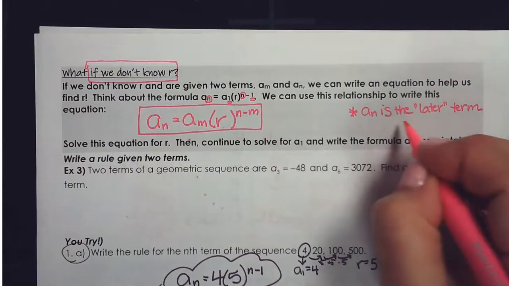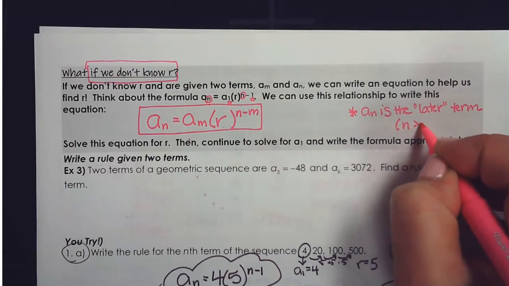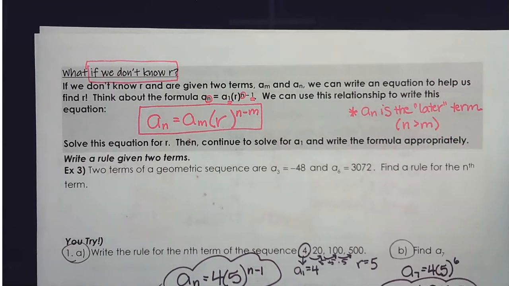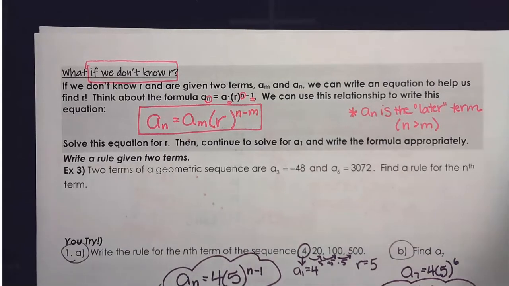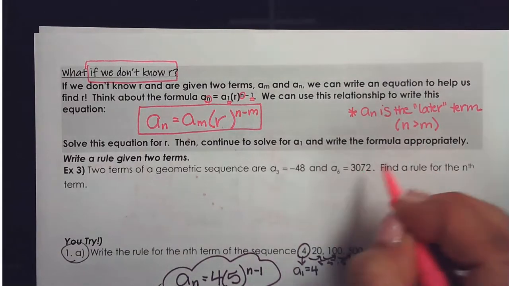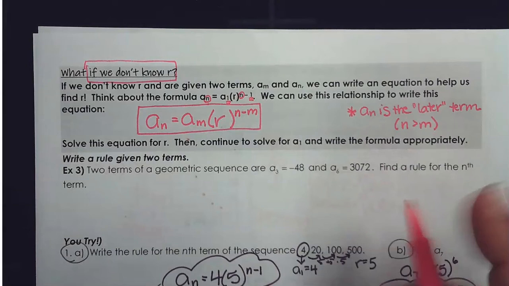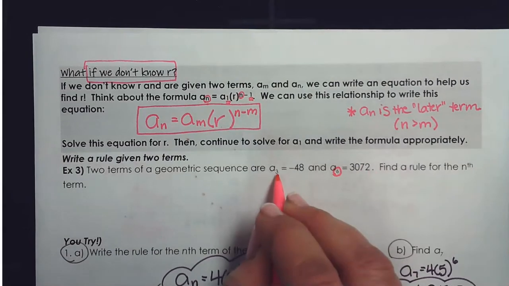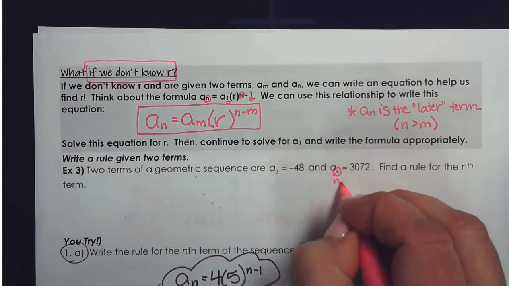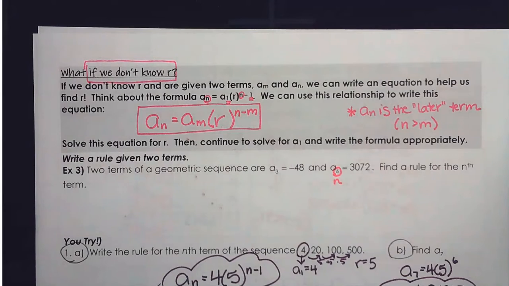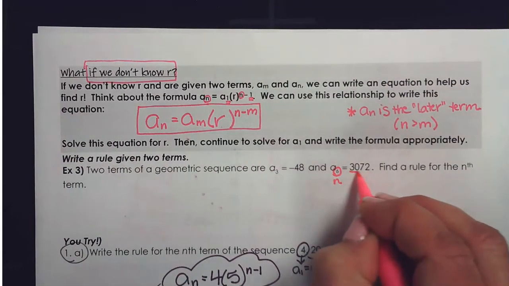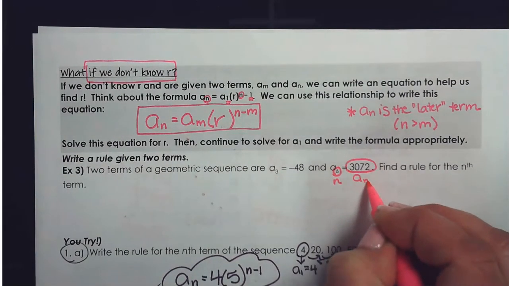So basically that means that your n, make sure that your n is bigger than your m. That'll help. Okay. So in this case, do you guys see that this 6 is bigger than the 3? So that means that we're going to use this as our n. And then we're going to use this as our a sub n.